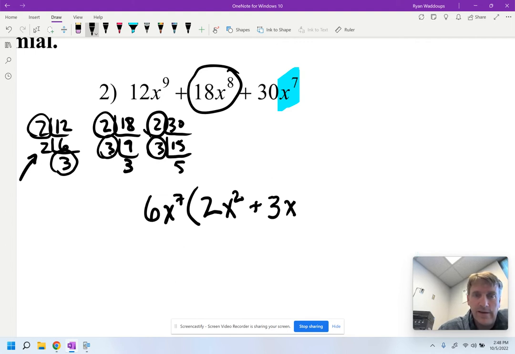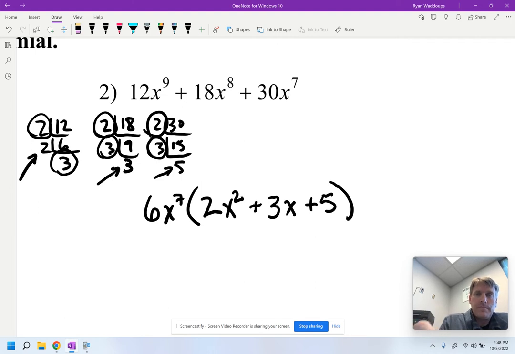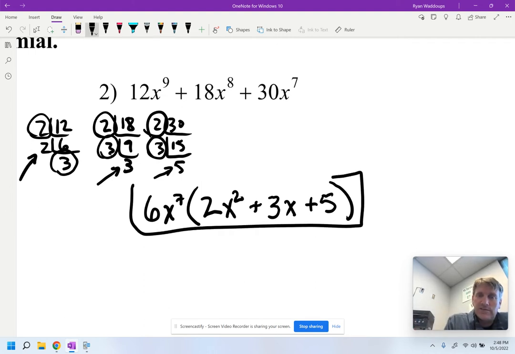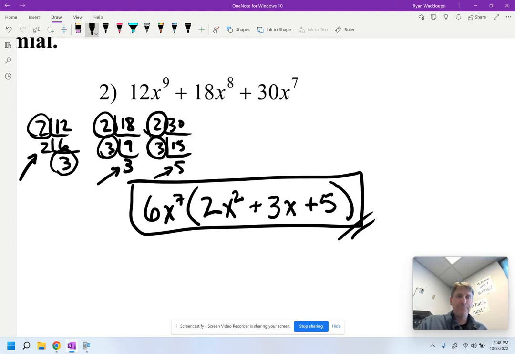And then I've got 5 that I didn't multiply, so that's 5. And I've got all of the 7 x's there, so I don't need to add anything to that. And so this is the GCF factored out and what's left together.